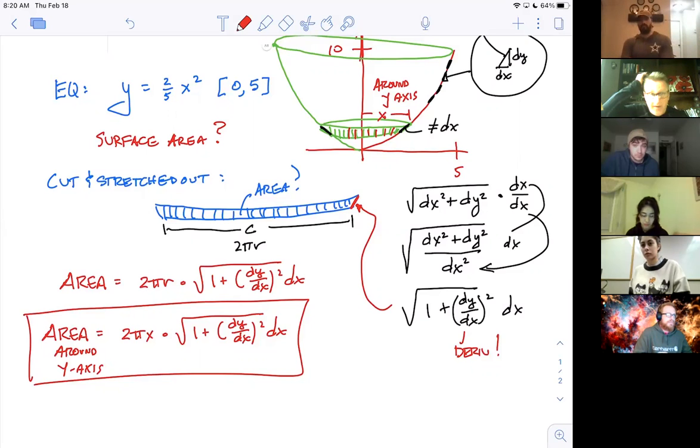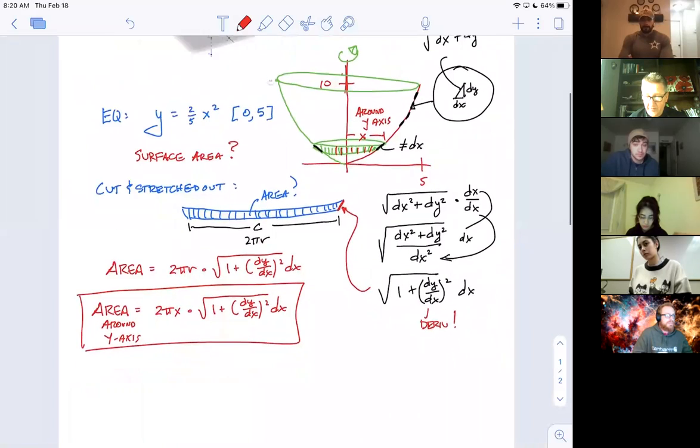Why don't we just do that next and see what happens? Let's try that. I was thinking in my head that's the only difference we're going to have, right? If we had this exact same equation, the only difference is we're multiplying by dy over dy. You're right. Yeah, that's right. If we go around the other axis, this is not going to be very different. So your intuition about that, Connor, is right on. So good for you.